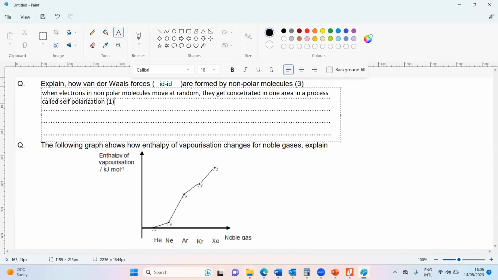You get 1 mark for this point. Because of electron movement, they get self-polarized. 1 mark.